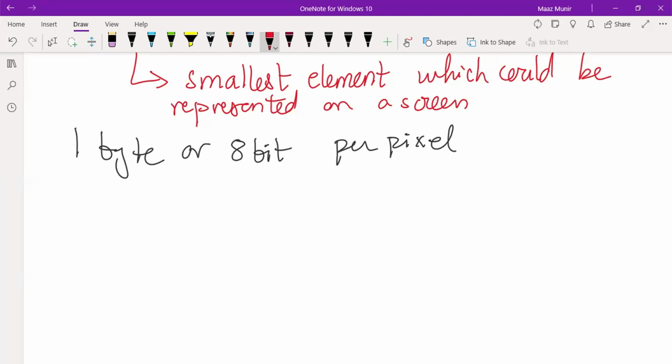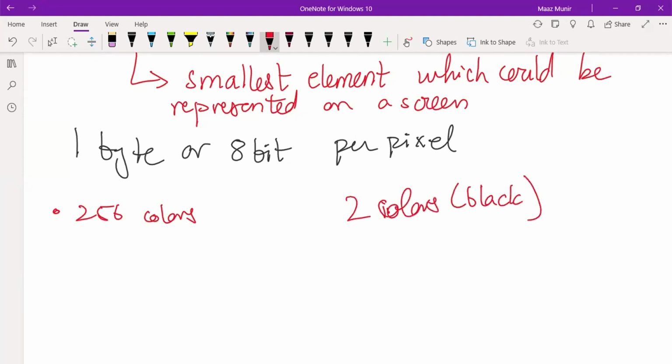So if I make up an image which could have, let's say, 256 colors, that would have a larger file size as compared to an image which only has two colors, which are black and white. How do I get to know which one is a larger one and which one is a smaller one in terms of the file size? Basically, we see how many colors are being used in that specific document.